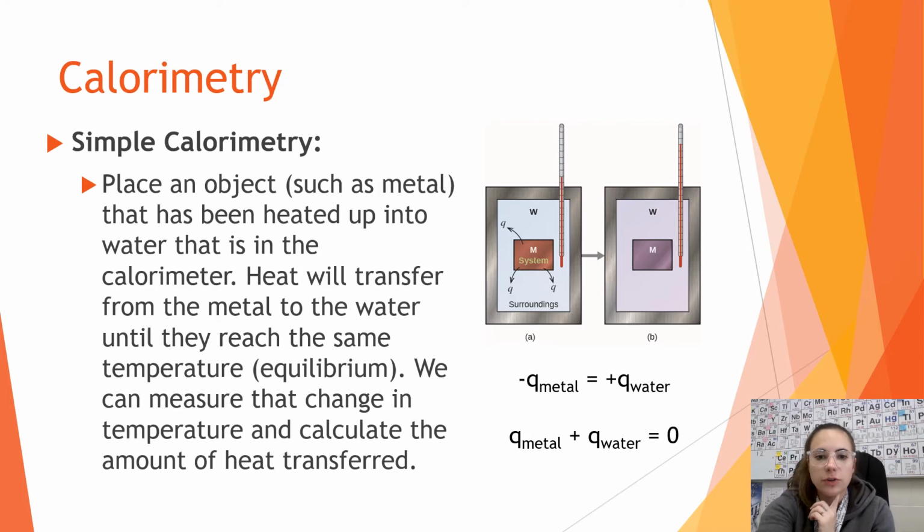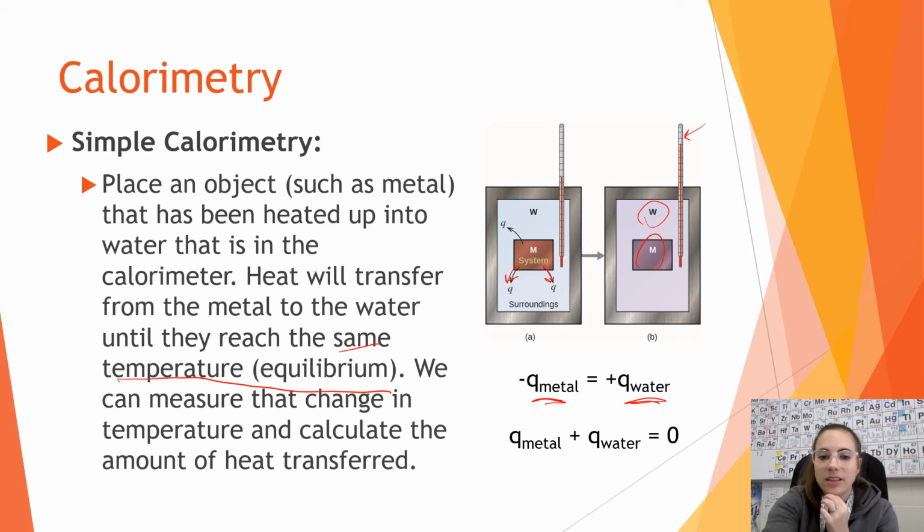Heat's going to transfer from the metal to the water until they are the same temperature. So remember that they reach the same temperature, equilibrium. So whatever the final temperature is for the water, so whatever this temperature is right here, it's the same for the water as it is for the metal because they're in equilibrium. So we're going to use the fact that heat loss must equal heat gain.